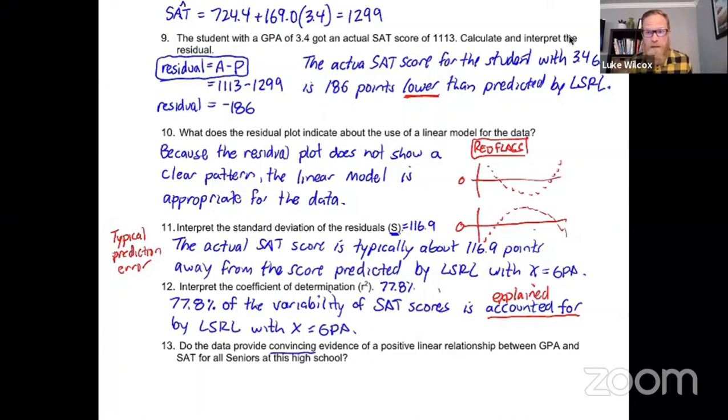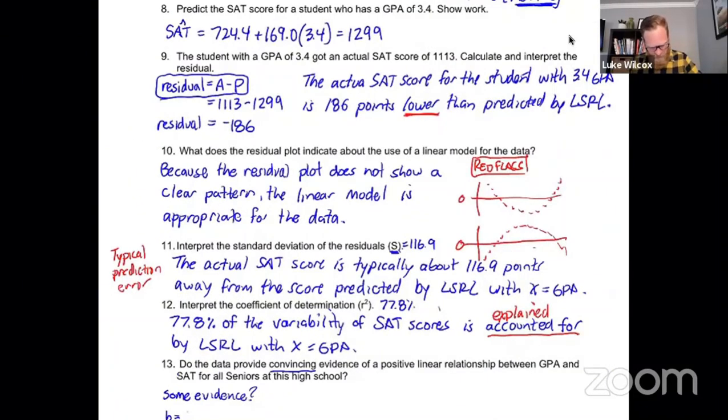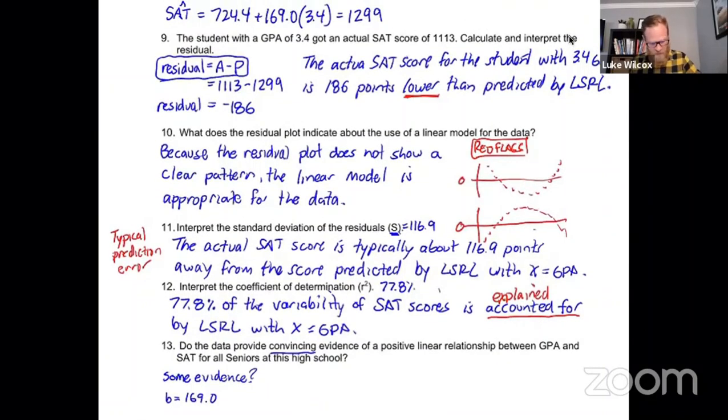But based on our sample, do we have some evidence that there's a positive linear relationship? Well, sure enough, if you look at the slope value, our slope value is 169.0, which is very clearly a positive linear relationship. It's greater than 0. So we do have some evidence based on this sample of 10.